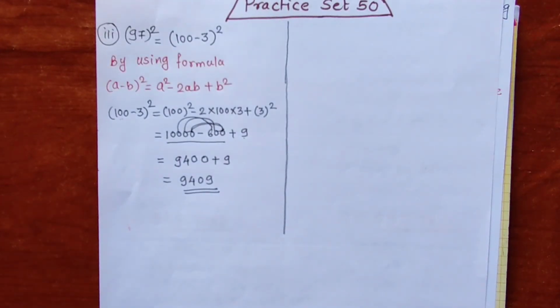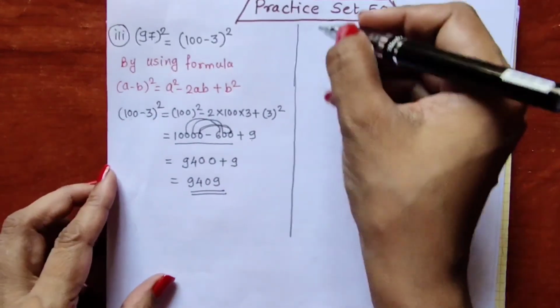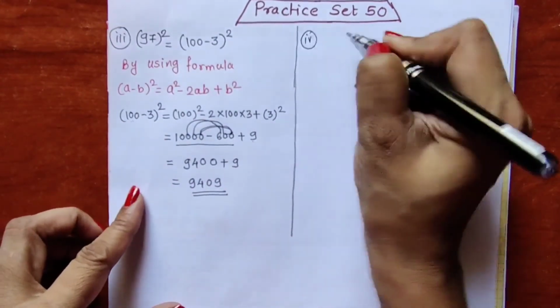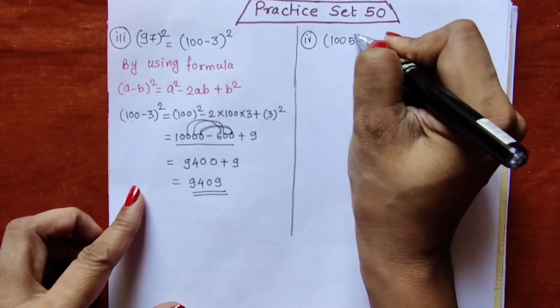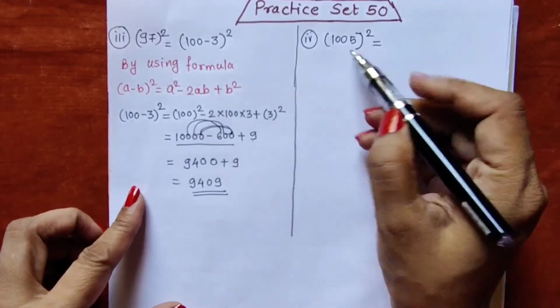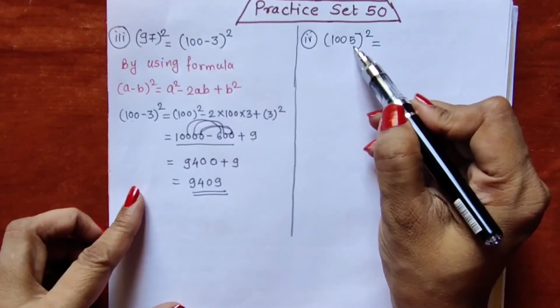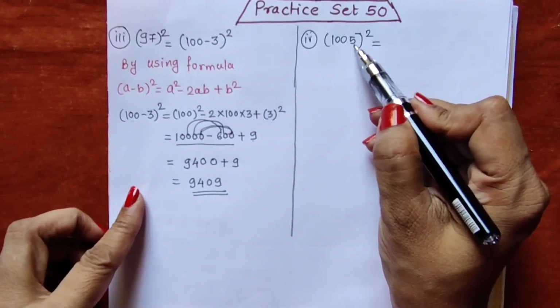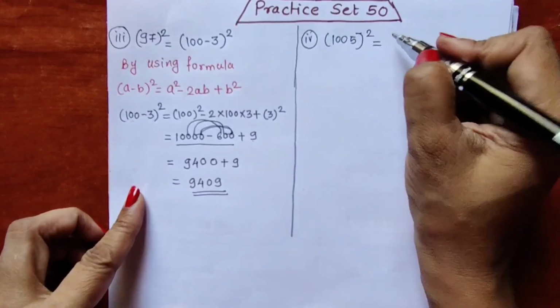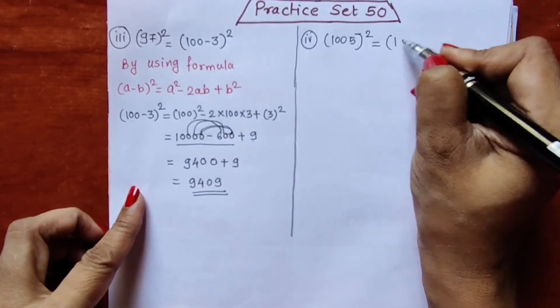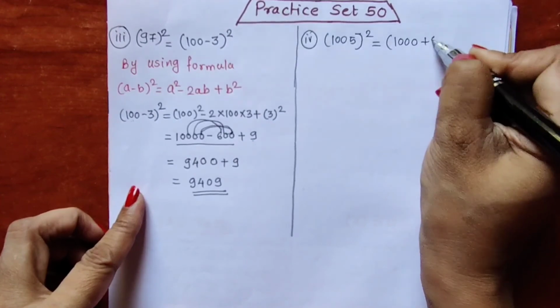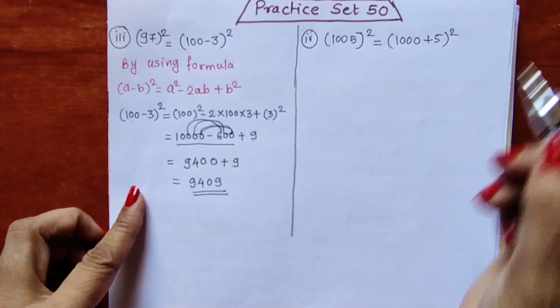Second number is 1500. That means fourth sum is 1005 square. So 1005, 5 is there in the unit place. So I have told you, when the unit place number is 5 or less than 5, we have to split in the form of addition. So 1005 can be written as 1000 plus 5, and square is there, so we can put the square.